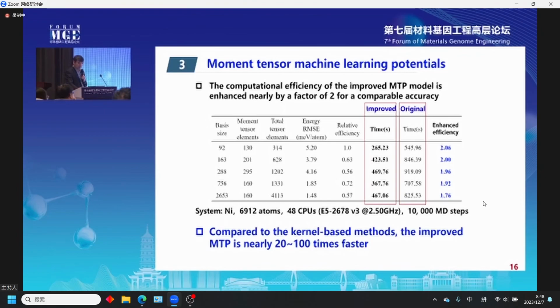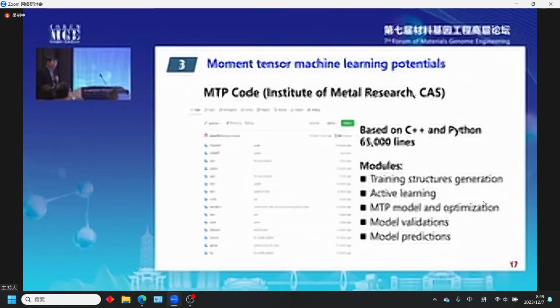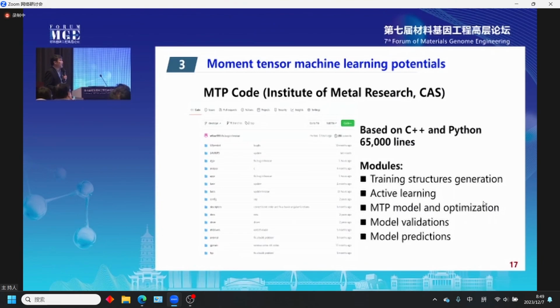And then we wrote the code, which we call the MTP code, based at the Institute of Metal Research, Chinese Academy of Sciences. We use C++ and Python, and our code is about 65,000 lines. In our code, we include about five functions.